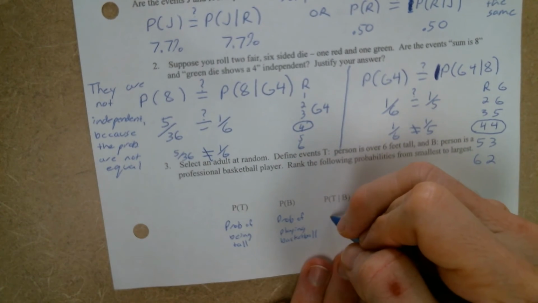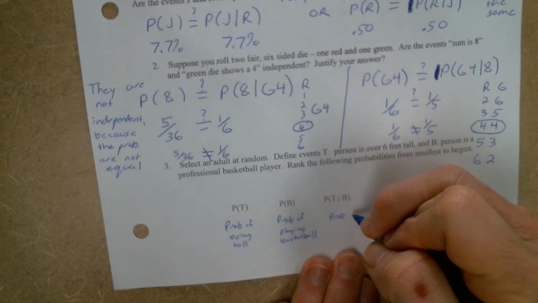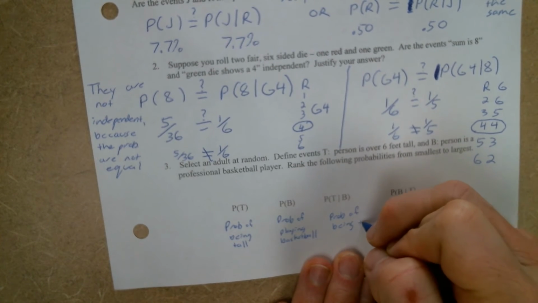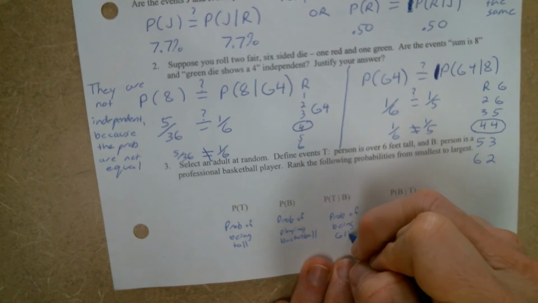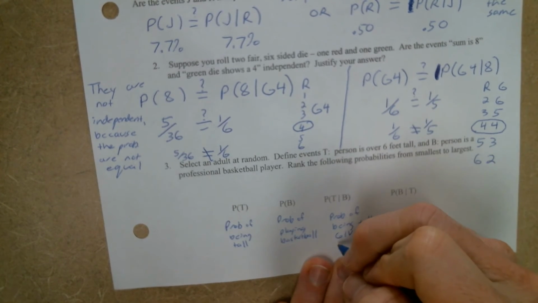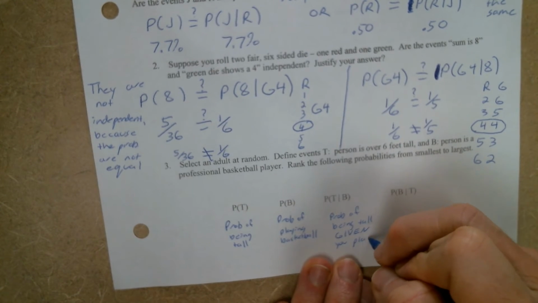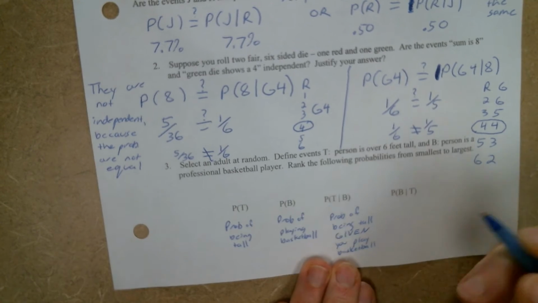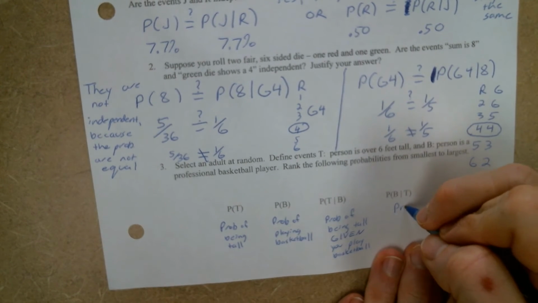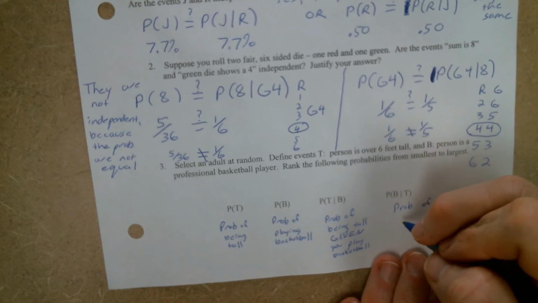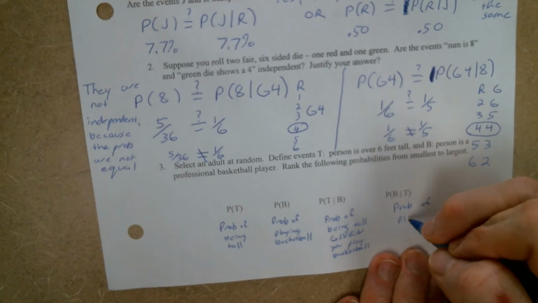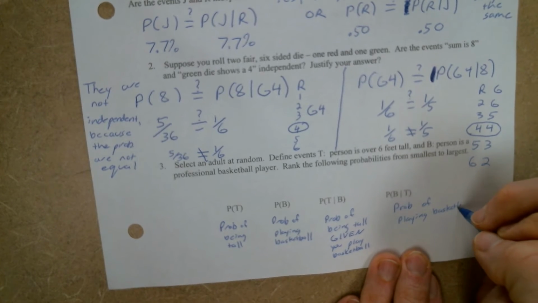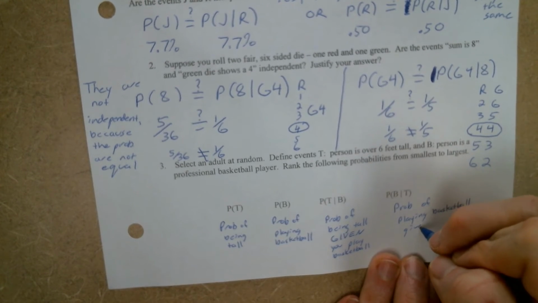This is the probability of being tall given you play basketball. And this is the probability of playing basketball given that you're tall.